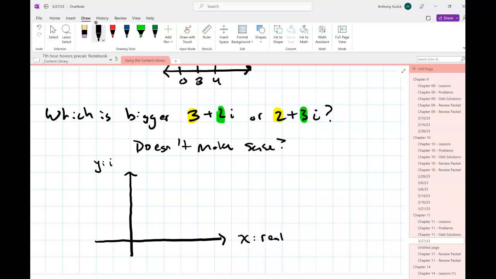And the y-axis is the imaginary axis, because we'll plot the imaginary part on that. So (3, 2) would be the complex number 3 plus 2i, and (2, 3) would be the complex number 2 plus 3i.